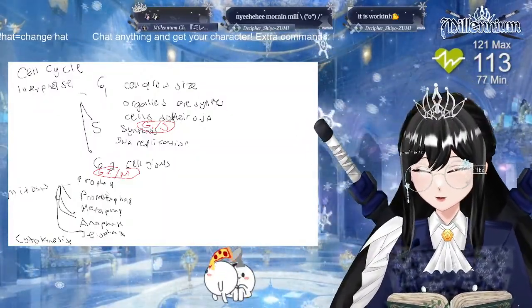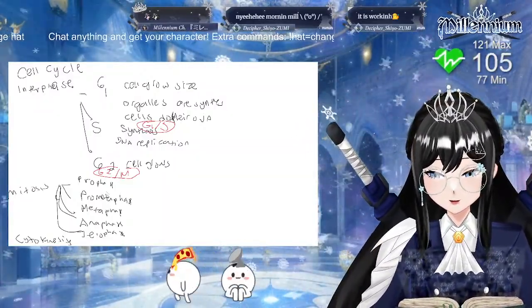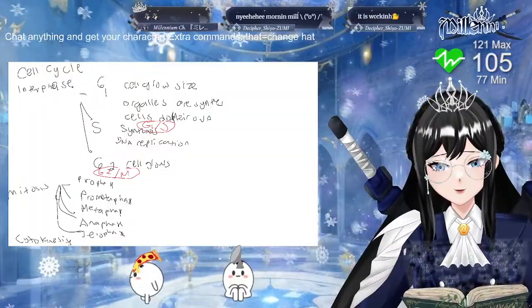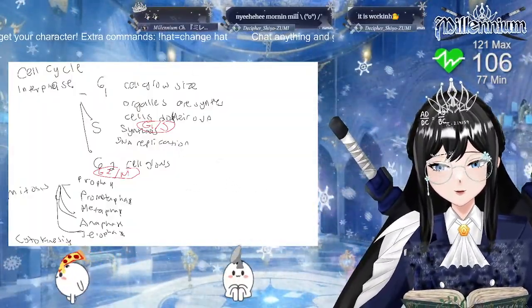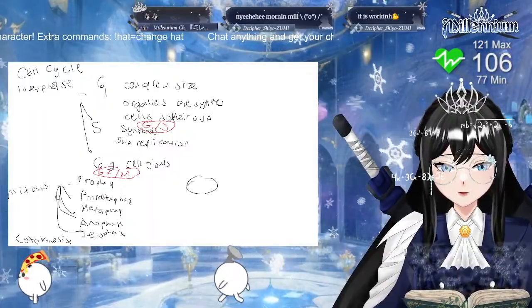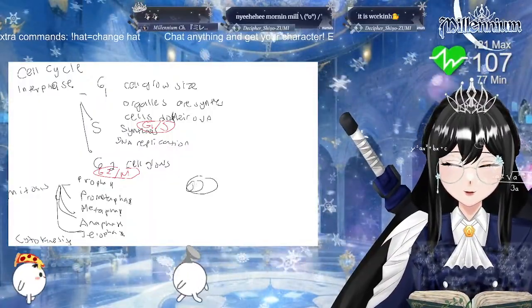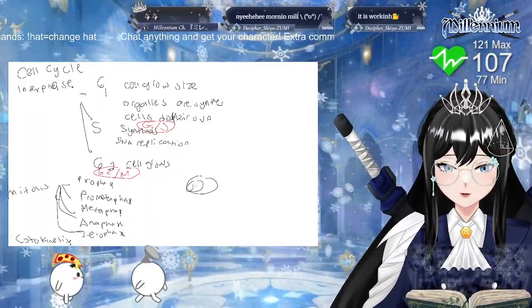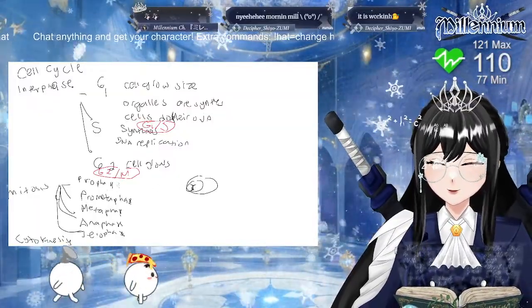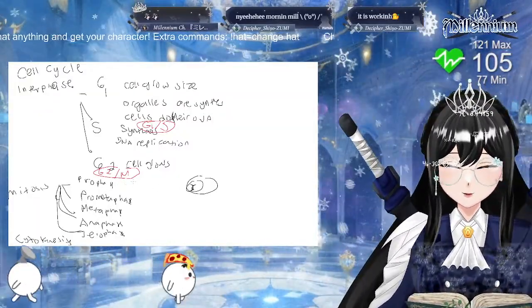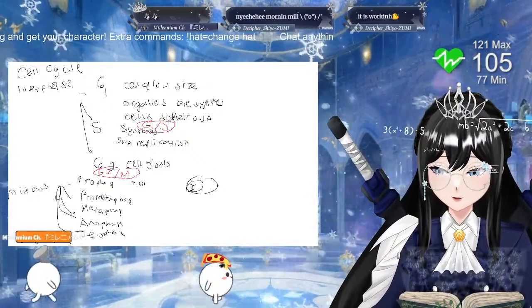Okay. So for prophase, I know that this is where it would condense. How it looks like would be your DNA would condense into very, very visible chromosomes, like that. They become visible under the microscope.